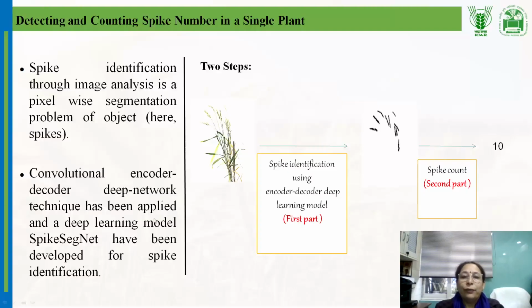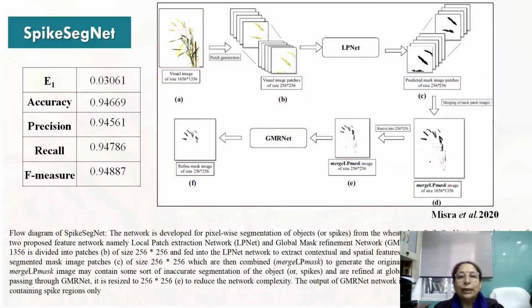For the identification of spikes, a deep learning algorithm, the convolutional encoder-decoder deep learning method, has been applied, and based on that a model has been created, which we have named SpikeSegment. This SpikeSegment model deals with the identification of spikes from the wheat plant, and then in the second stage we take care of counting these spikes in order to calculate the yield. So this is how the SpikeSegment model is working.